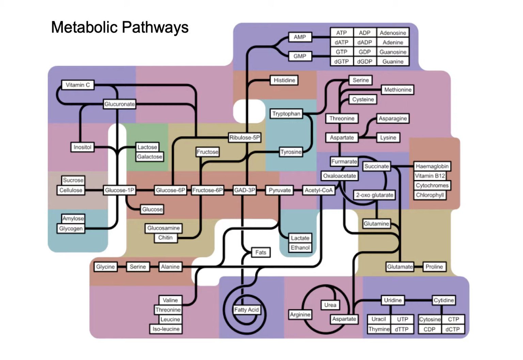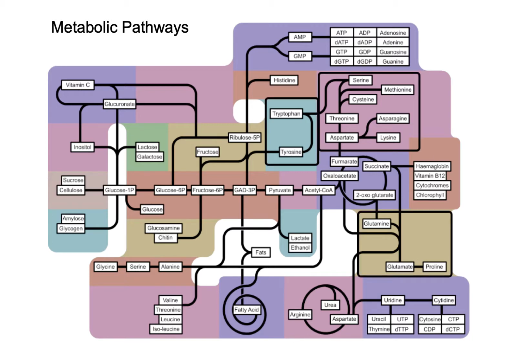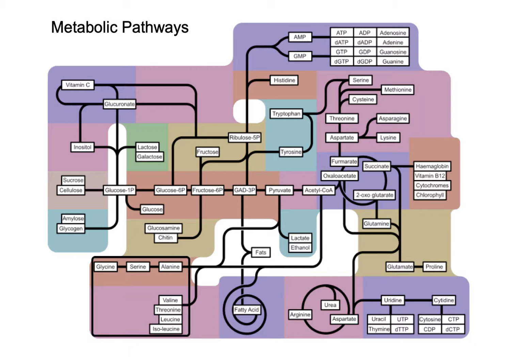This shows that in the middle is glycolysis that feeds into the TCA cycle over here. It also feeds in down here to the fatty acid cycle. There are nucleotides made up here and nucleotides made down here, and then polymers are made in a different process. Many different amino acids, again, are shunts off of the TCA cycle and other parts of the overall metabolic pathways in a cell.